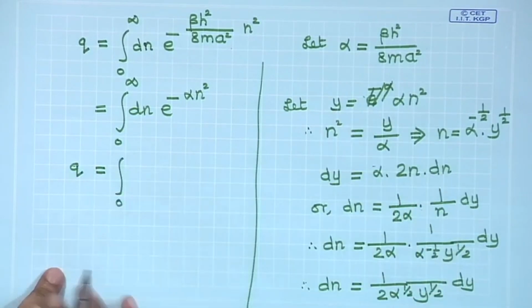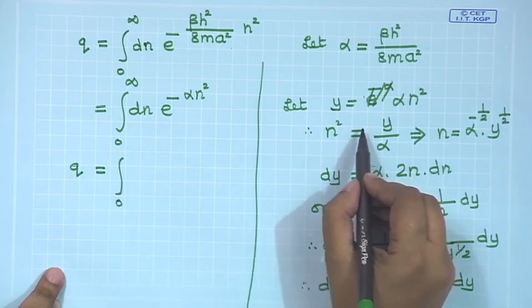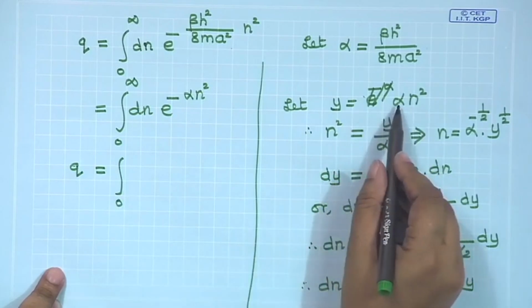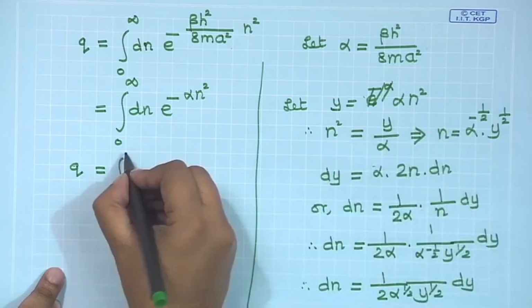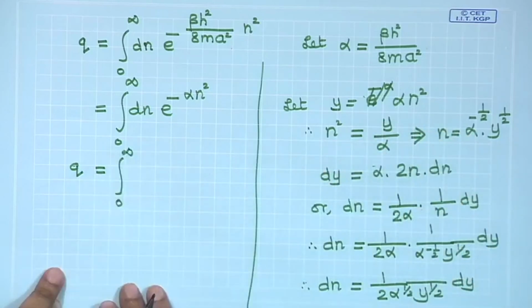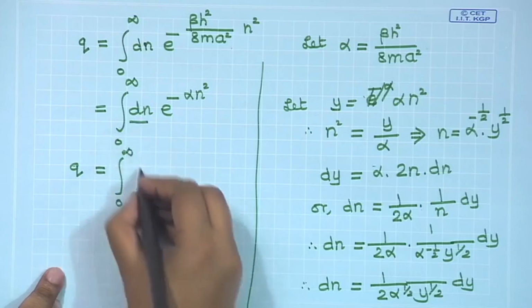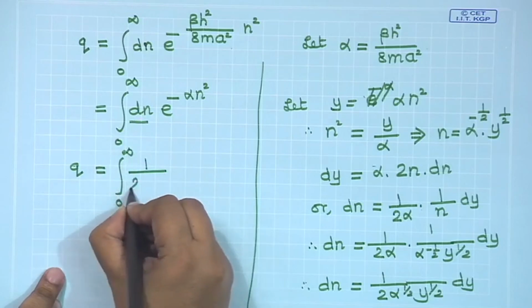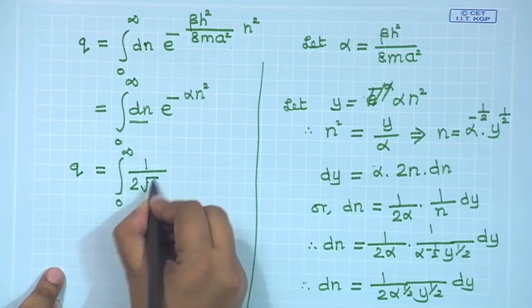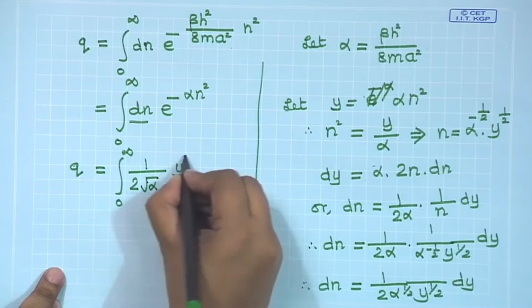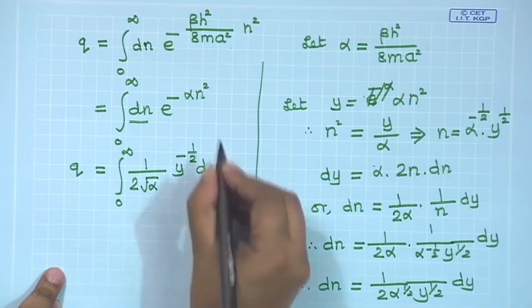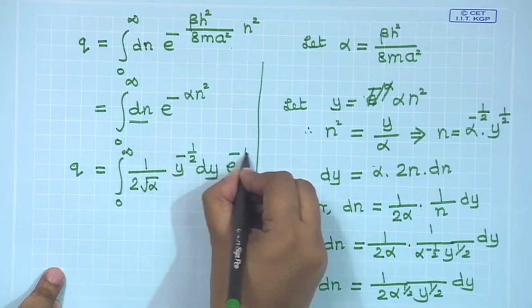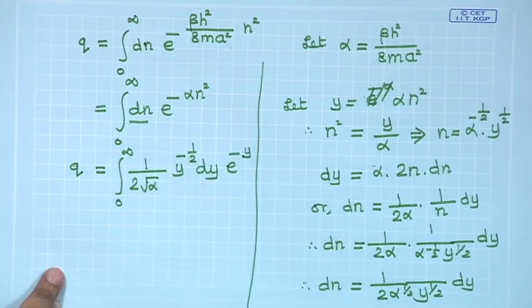So, this is the lower limit replacement. When n is equal to infinity, once again alpha is a finite quantity, it is non-zero. As a result, this stays as infinity. Instead of d n, I am going to write it as 1 by 2 root alpha into y to the power of minus half d y, and I am going to do the replacement here, and this is equal to e to the power of minus y.